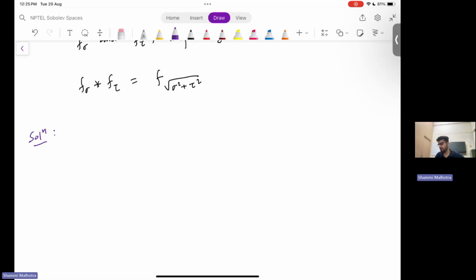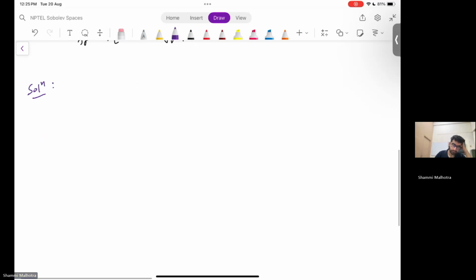Since these functions are locally integrable, in fact integrable, we have convolution in the usual sense only. But we will use some ideas.